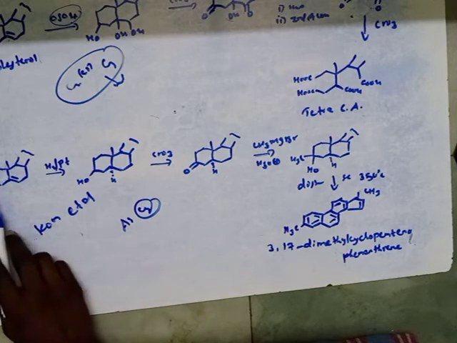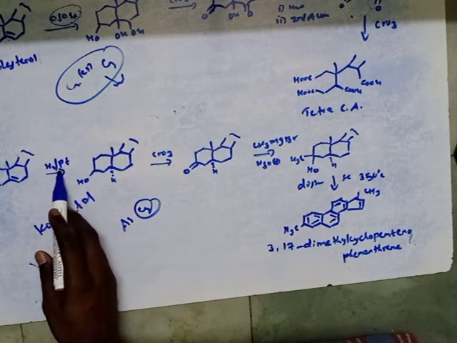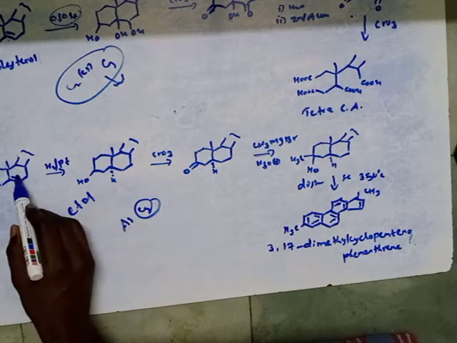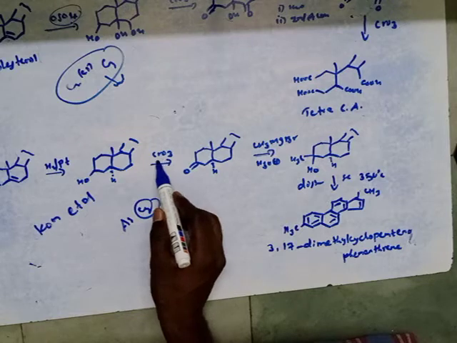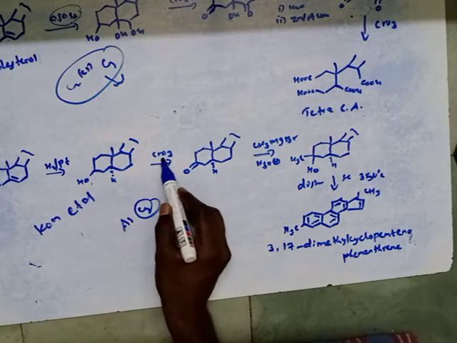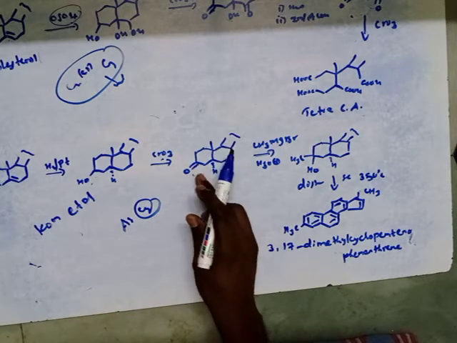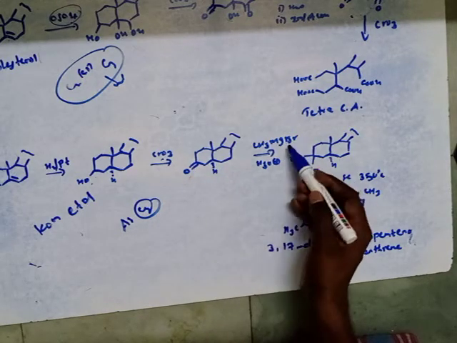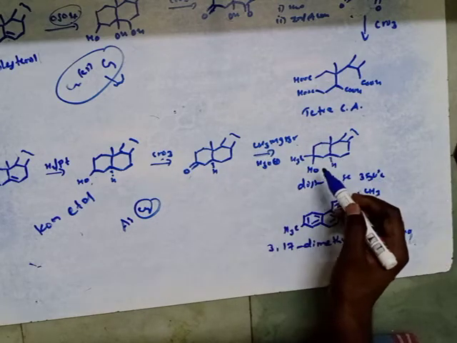Here, see that this is the cholesterol structure, which undergoes catalytic hydrogenation to remove this double bond, and it will react with CrO3, the oxidizing agent, to form a ketone type compound. This ketone then reacts with Grignard's reagent, so methyl is added and OH will be there.